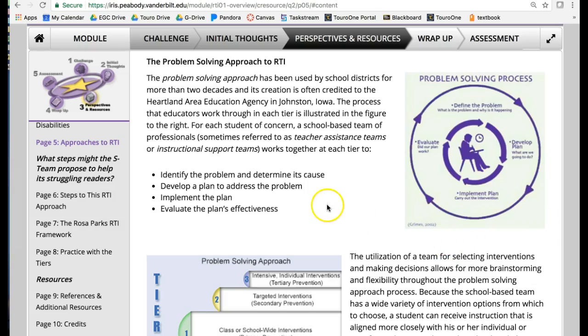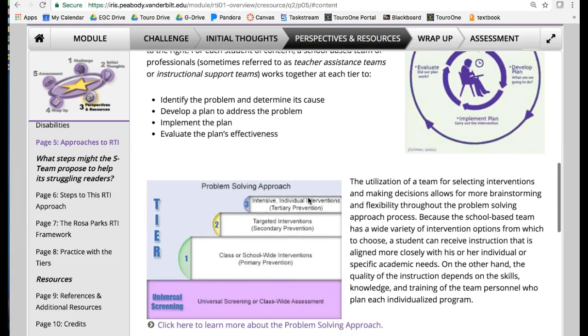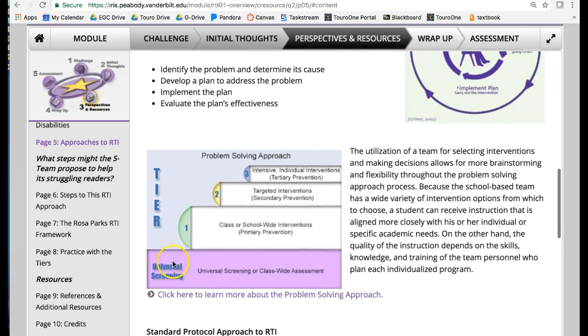So they identify the problem and determine its cause, then they develop a plan to address this problem, they implement the plan, and then they monitor the progress and evaluate whether the plan was effective or not. So basically you do the universal screening so you know where your students are, and then tier 1, tier 2, tier 3, depending on how well the student does with each one of the interventions that came from the team.